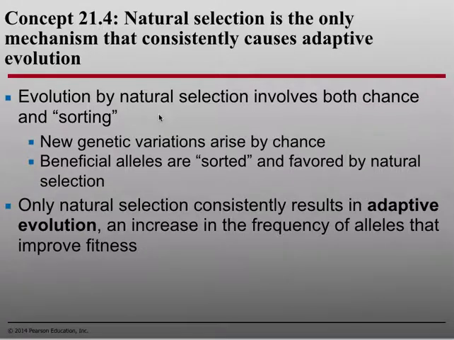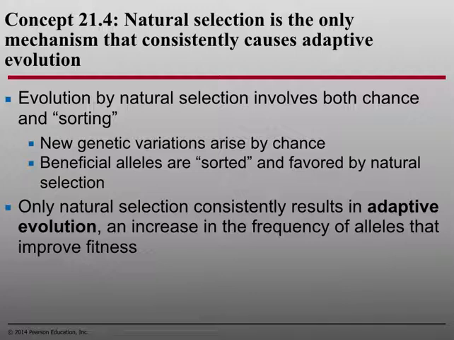So evolution by natural selection involves both chance and sorting. That's where the animals choose. New genetic variations arise by chance, but beneficial alleles are sorted and favored by natural selection. If you're stronger, faster, better, your mate is going to look for you, and they're going to choose you over the one that's not so well.